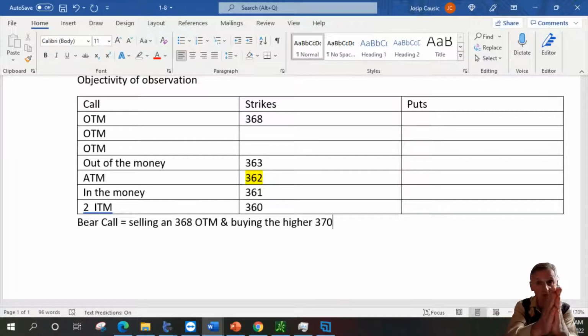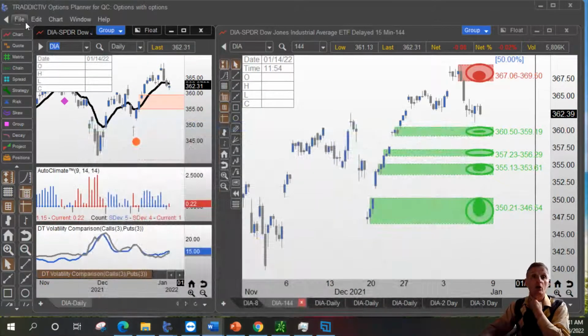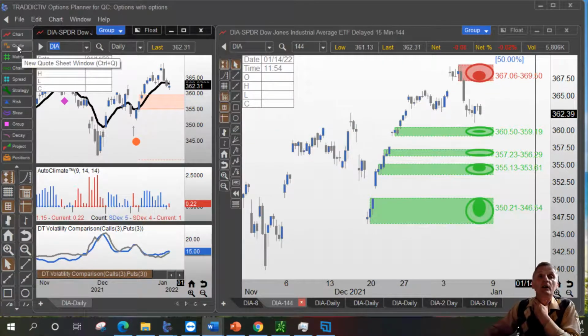So I'm going to stop on this, and then later on I'm going to work on the puts. So having presented the idea of what I want to do, I'm going to now bring up the option chain.